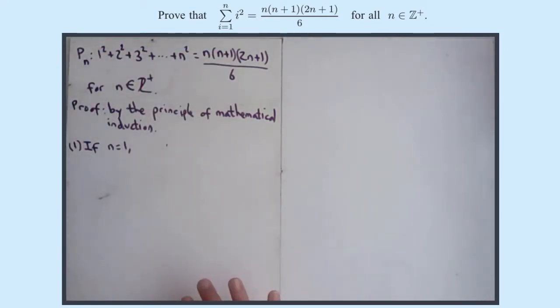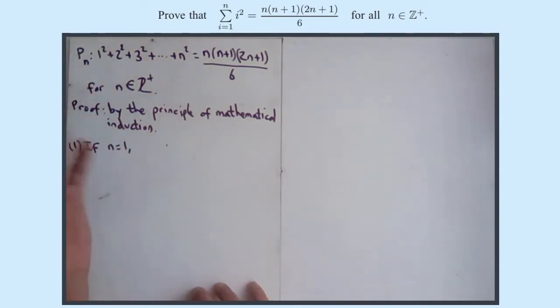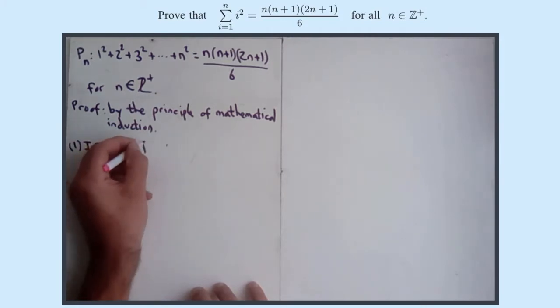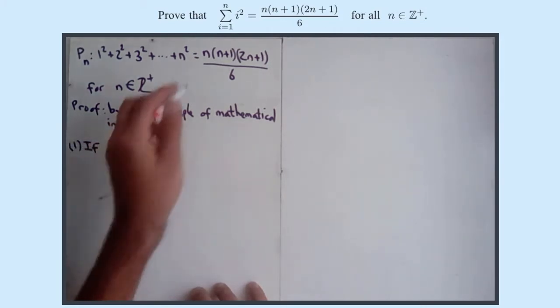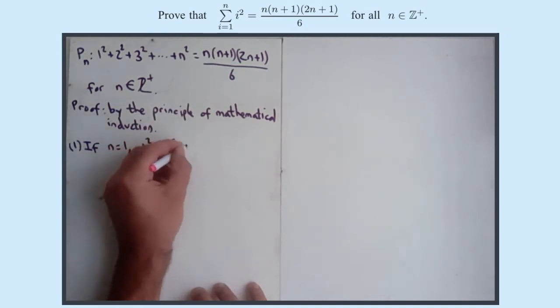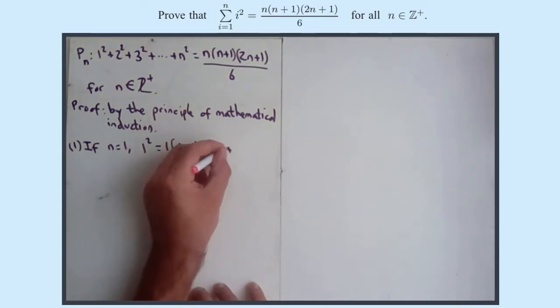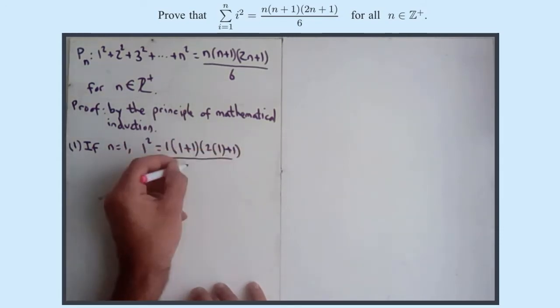So if you think of the original notation, it was the sum from i equals 1 to n of i squared. So the left-hand side is literally just 1 squared. Does that equal 1 times (1 plus 1) times (2 times 1 plus 1), over 6? Are these two equal?